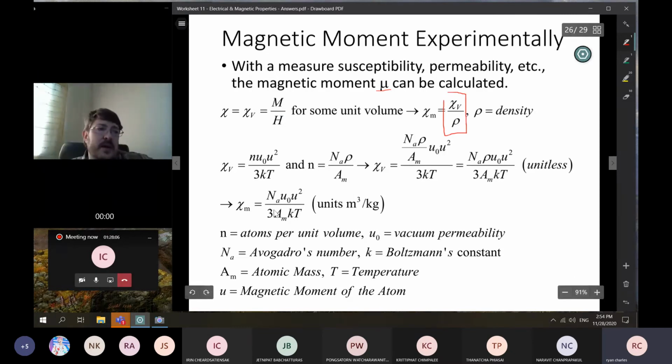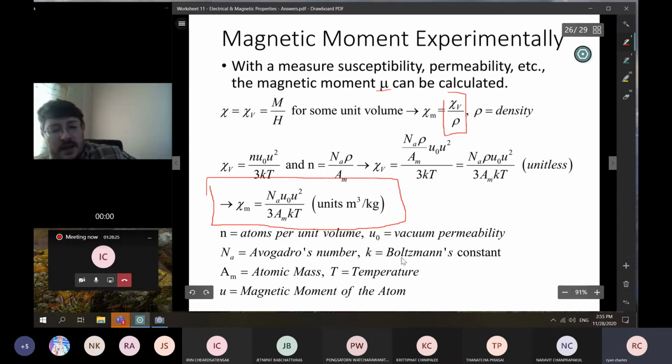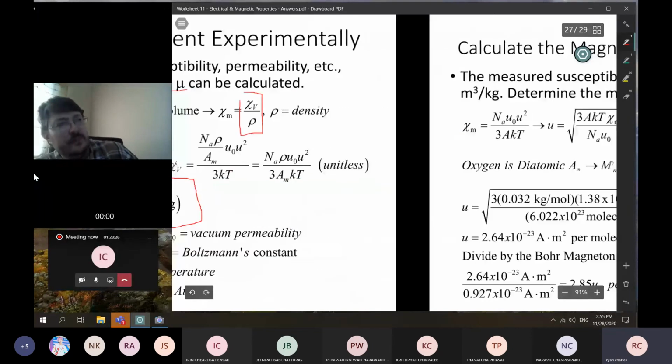You see this equation here: susceptibility divided by density gives N_A mu naught mu squared, where N is atoms per unit volume, mu naught is vacuum permeability, N_A is Avogadro's number, and so on.